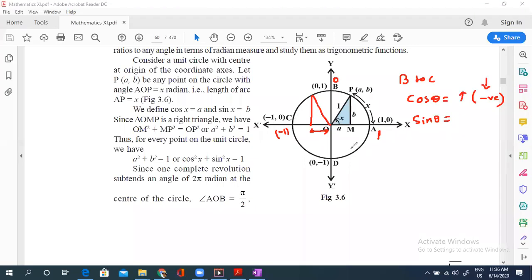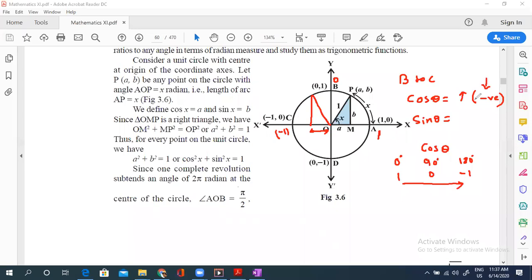So I can say that cos theta at 0 degree is 1, at 90 degree is 0, at 180 degree is -1. So is it decreasing or increasing? It is constantly decreasing. Any issues?